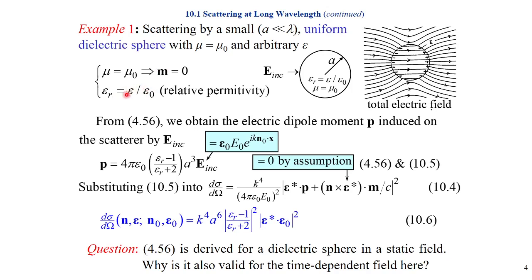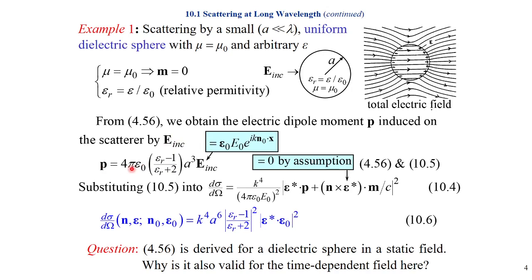All we need to do is the electric dipole. How to calculate the electric dipole? We can use the knowledge in chapter 4, equation 4.56. We obtain the electric dipole moment P induced on the scatterer by E incident.